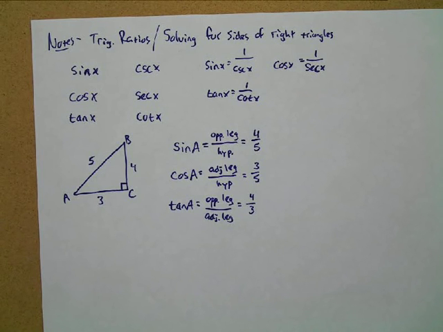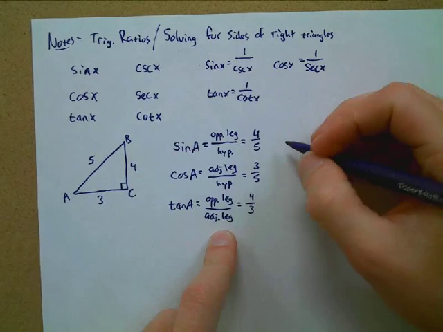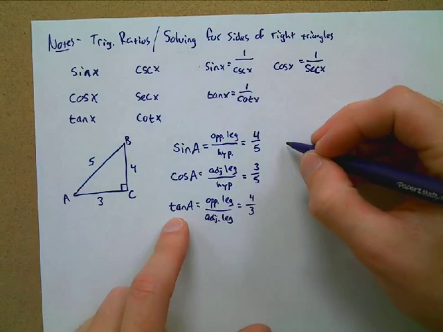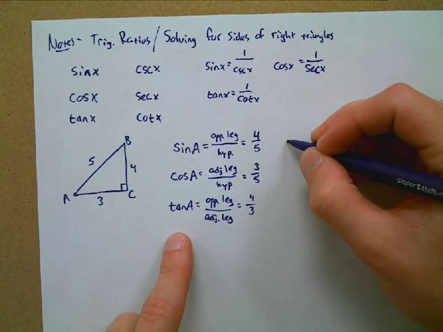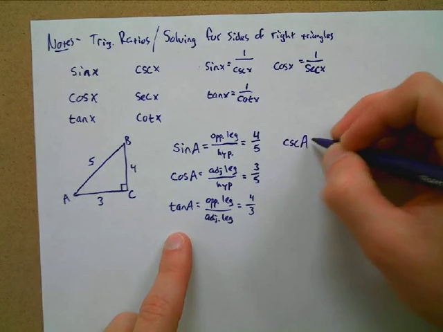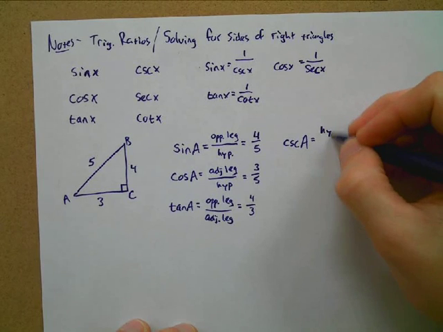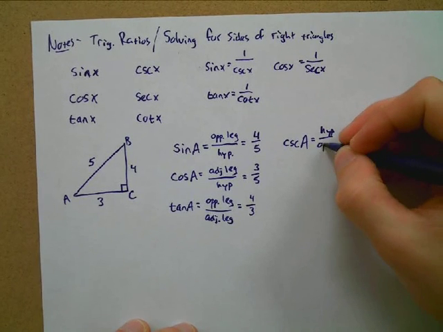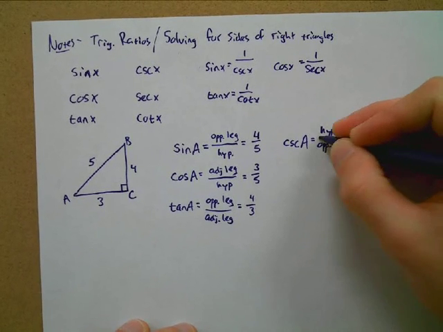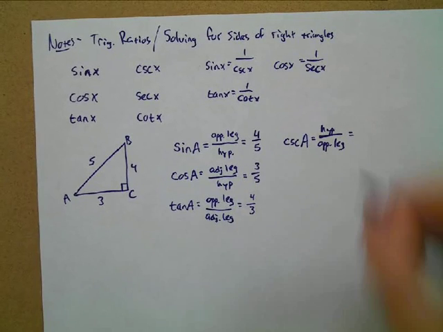Because we know the other trig functions, if sine of A is 4 over 5, cosecant of A is the reciprocal. So instead of opposite leg over hypotenuse, it's hypotenuse over opposite leg, which is 5/4.